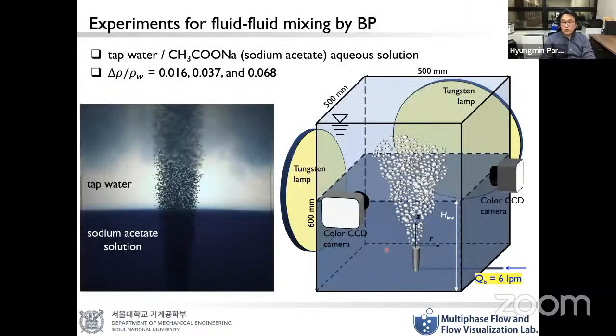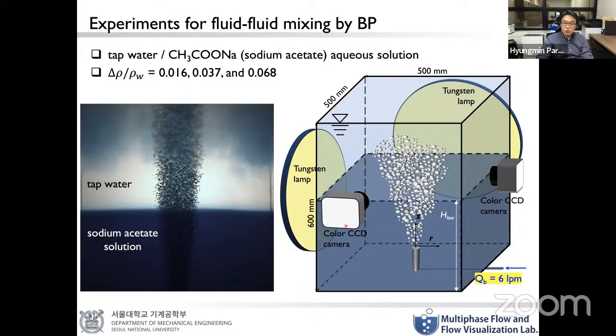Okay. So we wanted to extend the knowledge that we obtained for that bubble plume to the mixing. This is using the same tank. We keep almost everything the same, but now we use two liquids. For the upper liquid, we use tap water, and for the bottom liquid, we use a sodium acetate solution, and then we control the density difference between the upper and lower liquid.